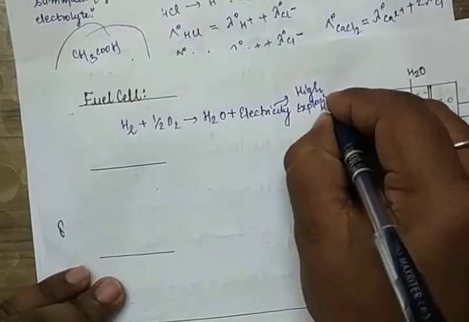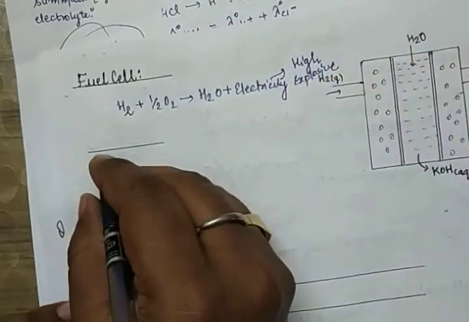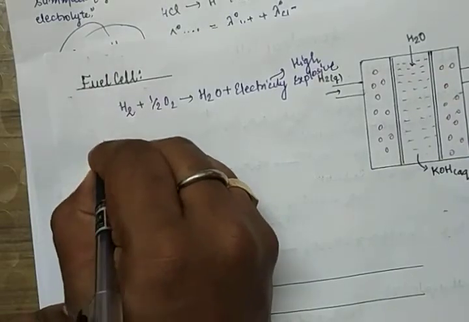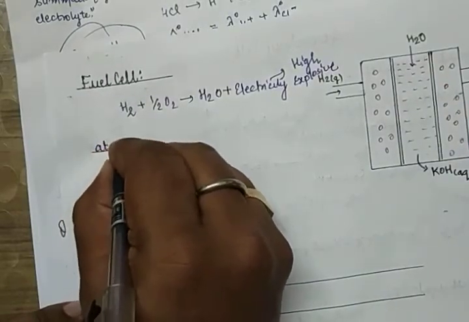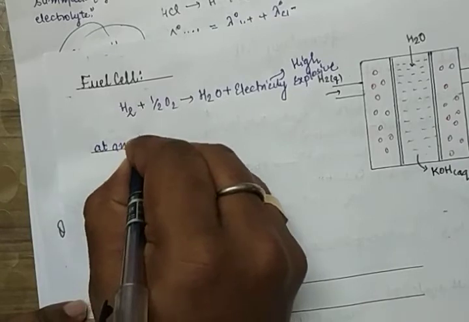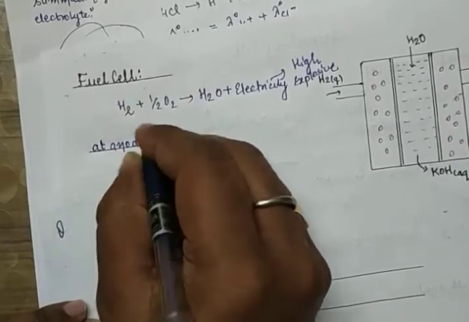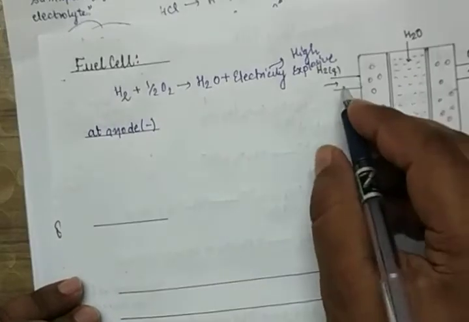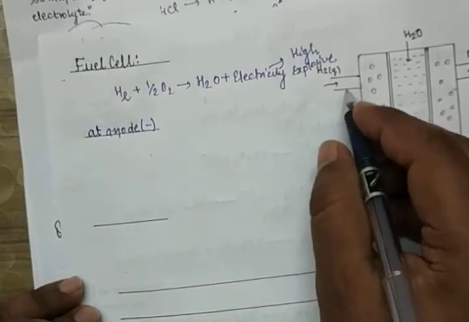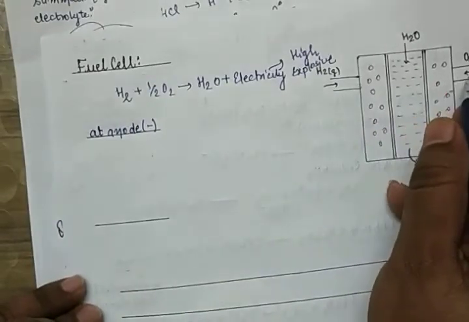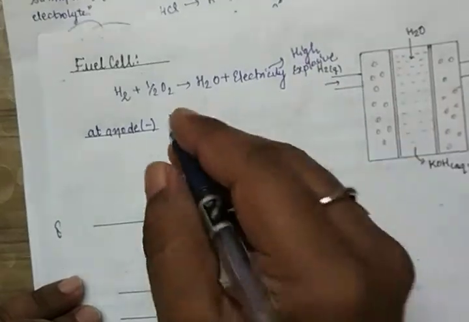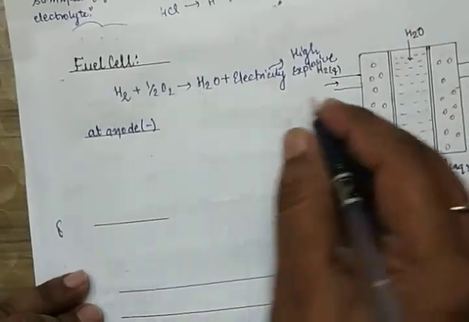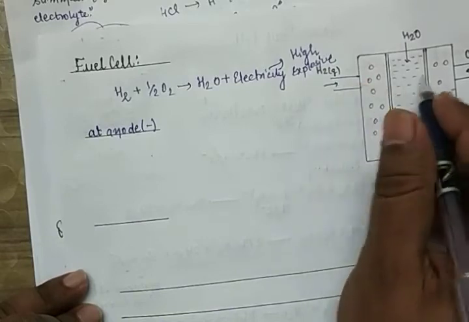Clear? Now this is an example of a galvanic cell. At the anode, what is it? Negative. Again, there is a galvanic cell. On the left hand side is hydrogen gas, and on the right hand side is oxygen gas. So hydrogen is on the anode side, and oxygen is on the cathode side.